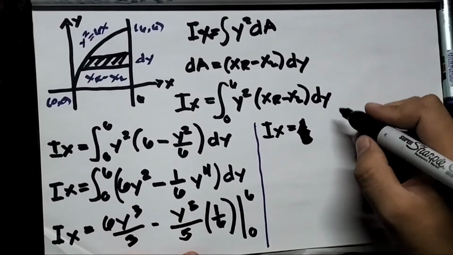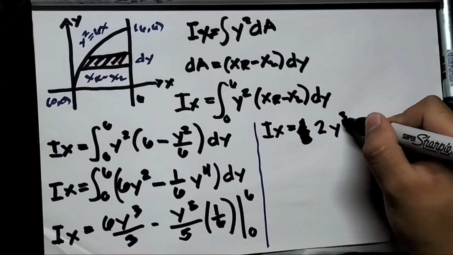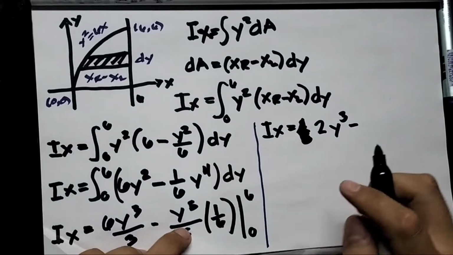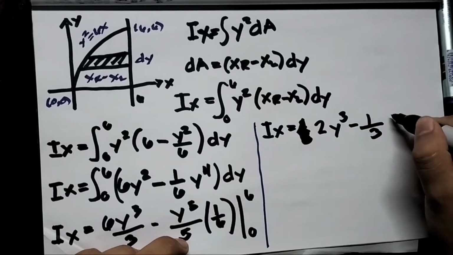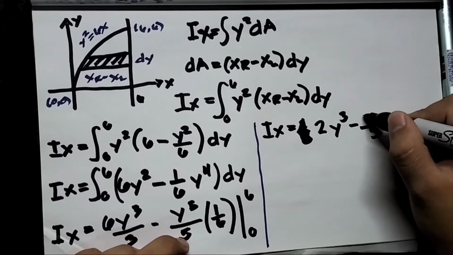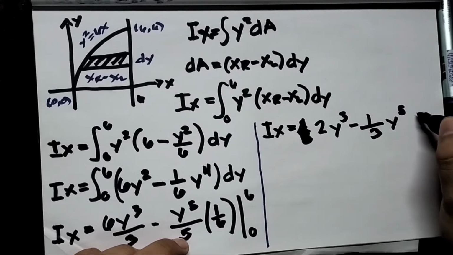Next, our Ix will be equal to 6 divided by 3, which is 2y cubed, minus 1/5 times 1/6, which is 1 over 30, times y raised to 5.